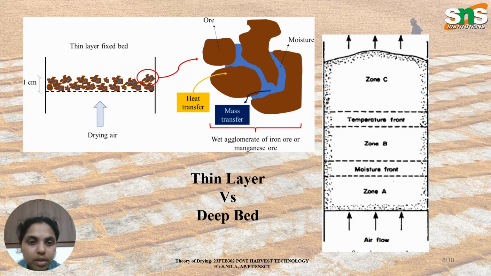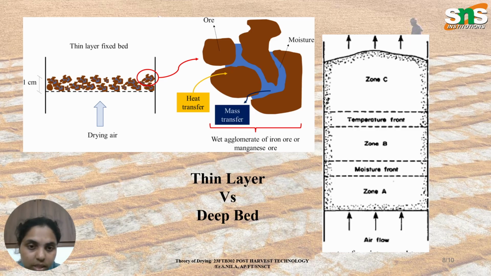And this is the image which shows the thin layer drying and the deep bed drying. In the first picture on the left side, it is a thin layer. It is a wide tray where the products are placed in a single layer.